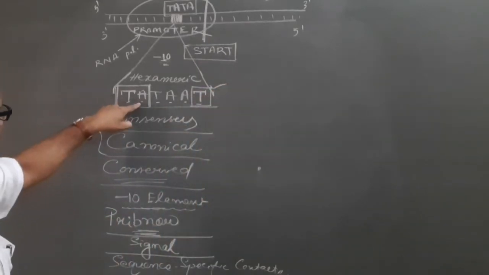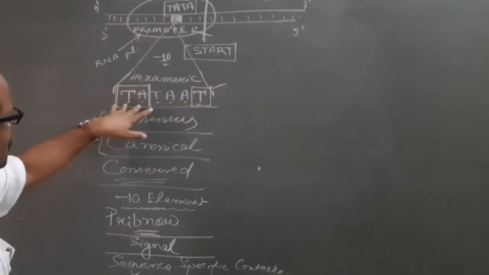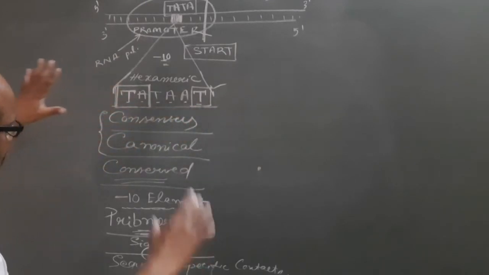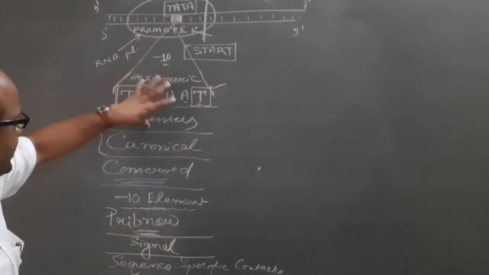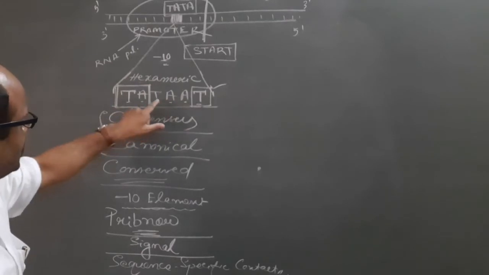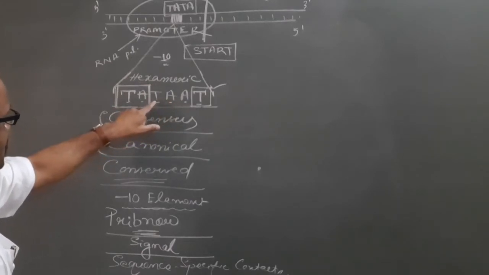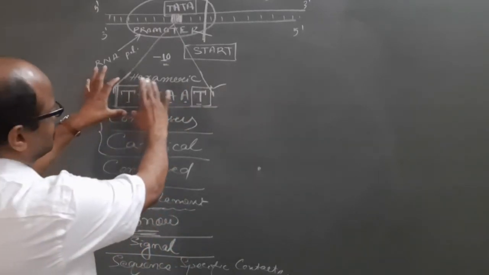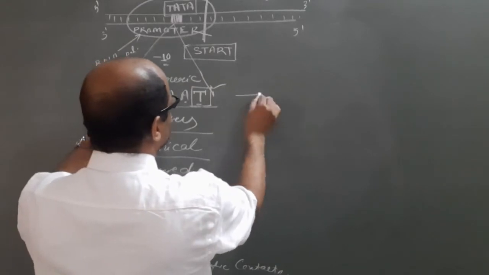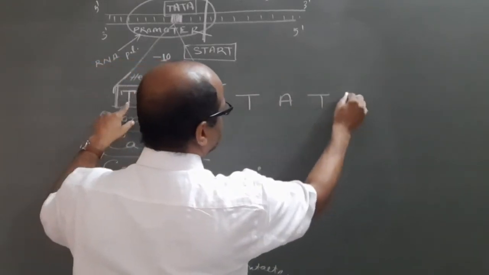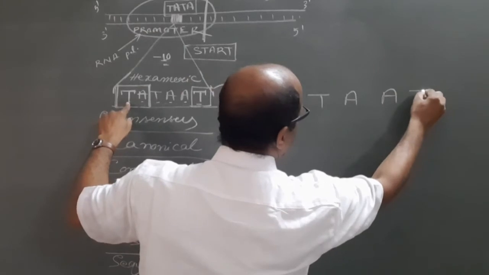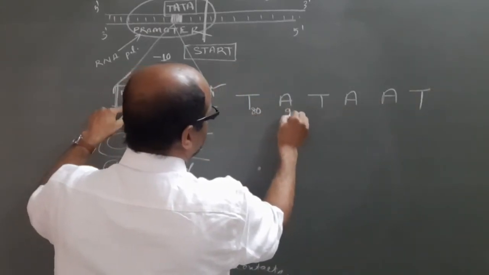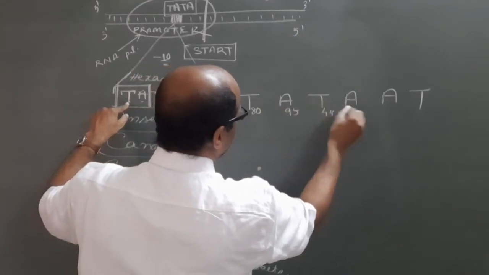So in TATAAT, the first 2 nucleotides, thymine and adenine, and the last nucleotide, thymine, are conserved, but some variation is present at the 3rd, 4th and 5th positions. So this consensus sequence is summarized like this: TATAAT. We may write subscripts 80, 95, 45.